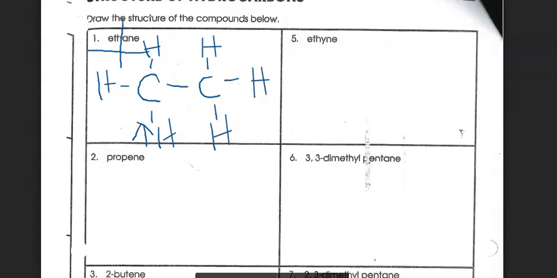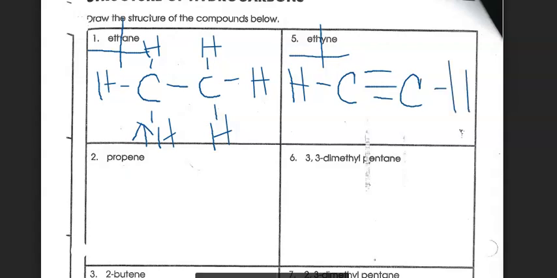Let's go over to number 5 for ethyne. Ethyne, 2 carbons. I draw my 2 carbons. But the YNE ending now means I have a triple bond. Well, if each carbon has already used up 3 of the 4 bonds, it only has 1 more left. And there it is, H and H.